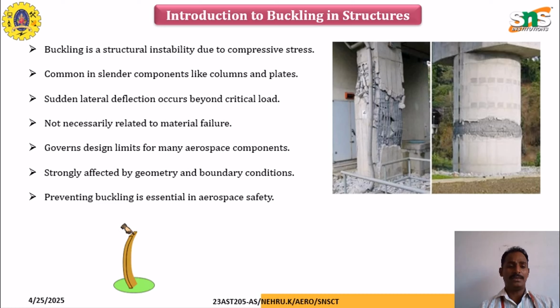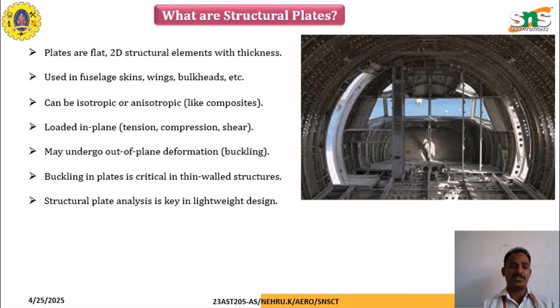The governing design limits for many aerospace components in aircraft, the landing gear, the wing structure and the fuselage structure, are strongly affected by geometry and boundary conditions. These are the things which affect the design. Preventing this buckling is essential for aerospace structural safety and operation.